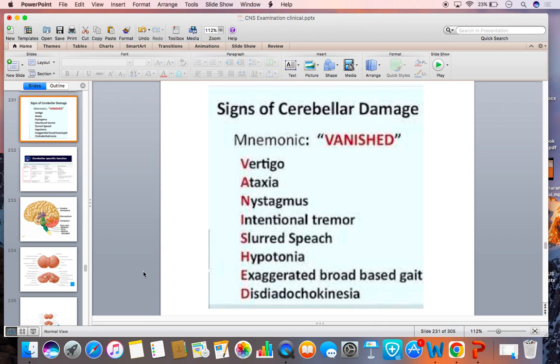Exaggerated broad-based gait, that means your stance is not normal. Your legs are put apart and you are walking with a broad base. Dysdiadochokinesia, that is, inability to perform alternate movements of the forearm, that is, turning the arm downwards and alternating with the upward movements.